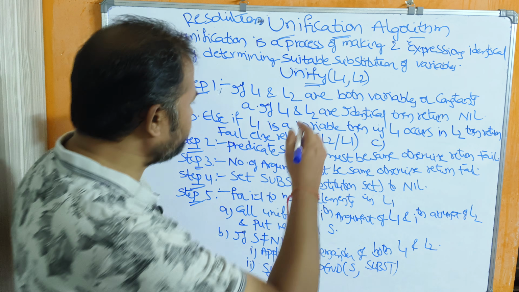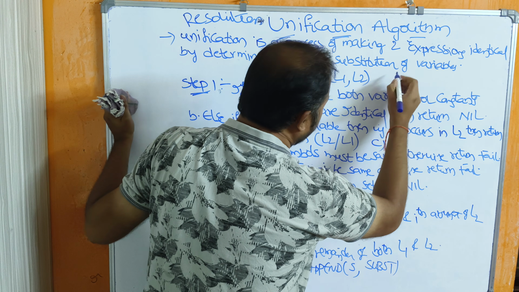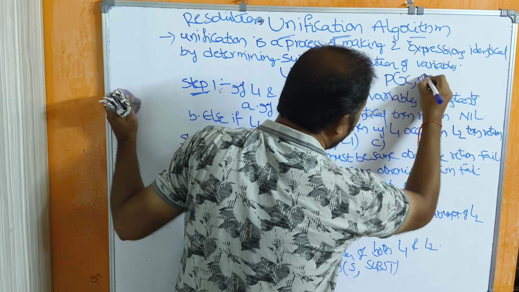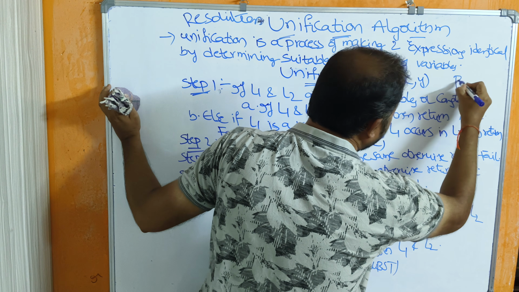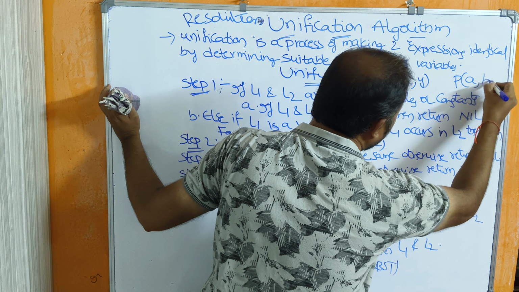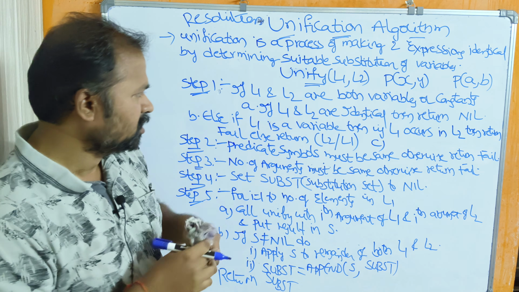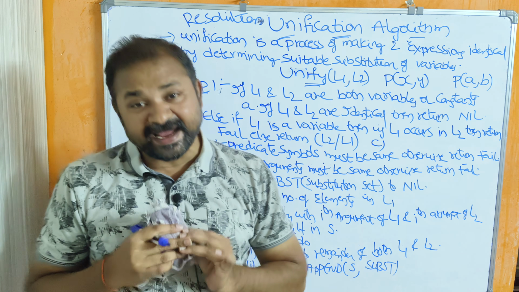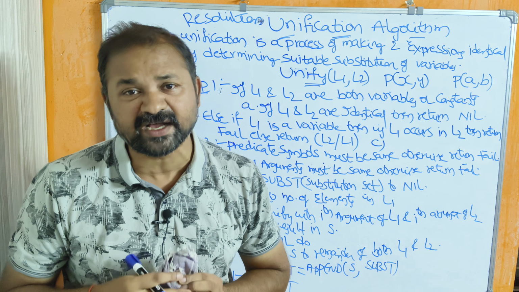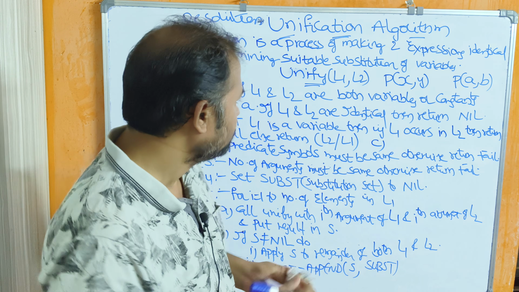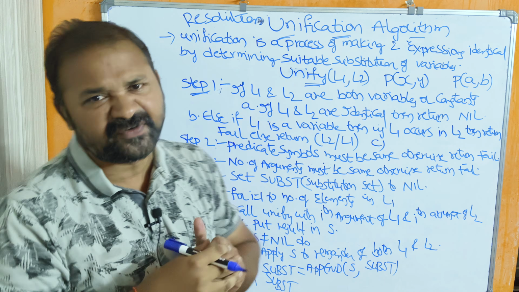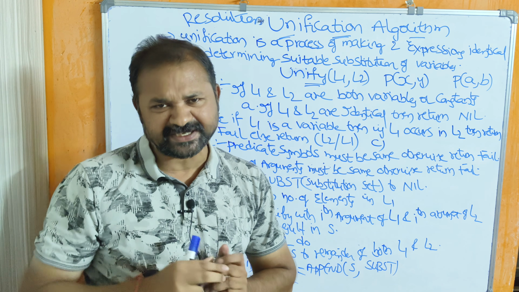Let us take an example. Let the first expression be P of x comma y, and the second expression be P of a comma b. We can make these two expressions identical with the help of unification. To perform unification, we have two conditions.